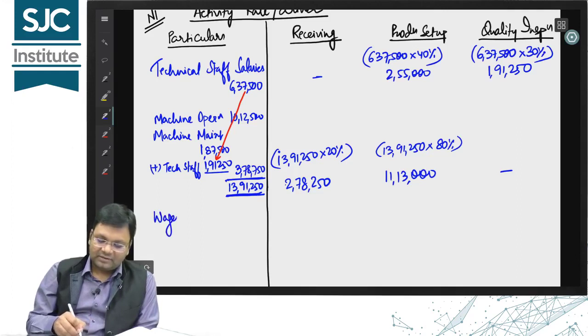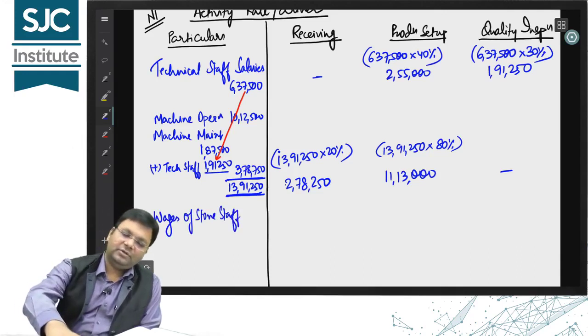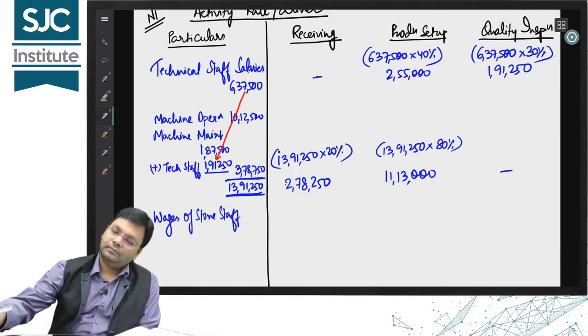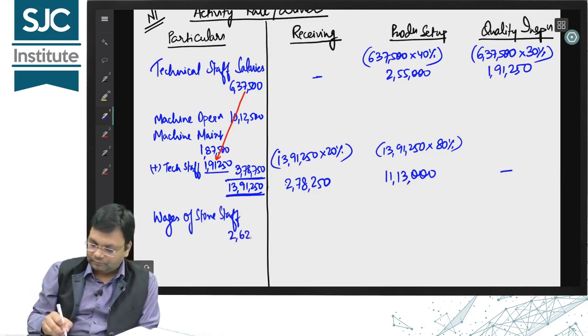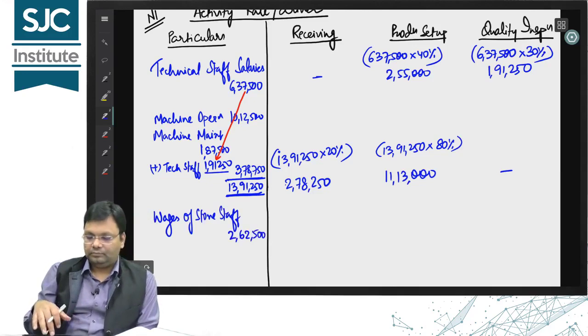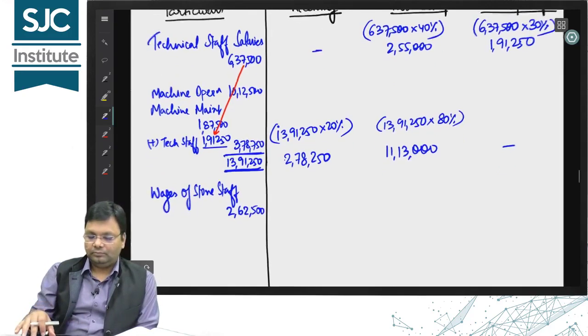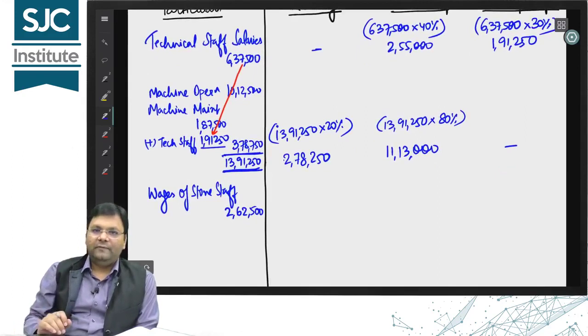Wages of store staff. What do you say? Where it should go? 262,500. Wages of store staff.